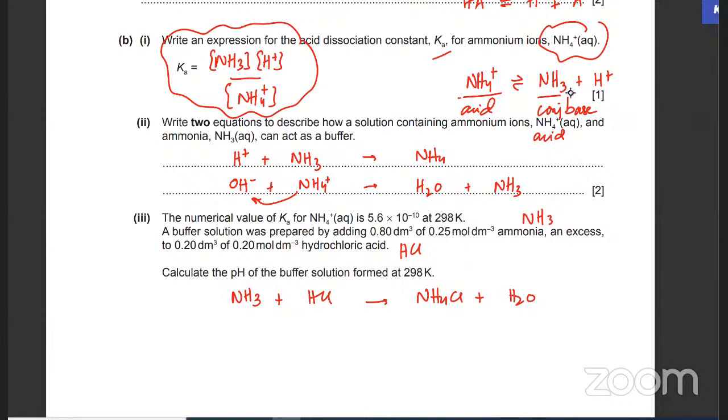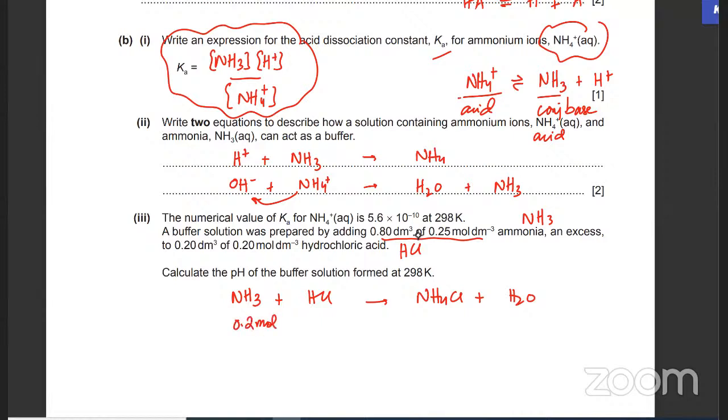Okay, how many moles of NH3 do you have? You've got 0.8 dm cube of 0.25 mole per dm cube. So how many moles is this? 0.8 into 0.25, not divided by 1000 because it's in dm cube. So 0.2 moles, right?